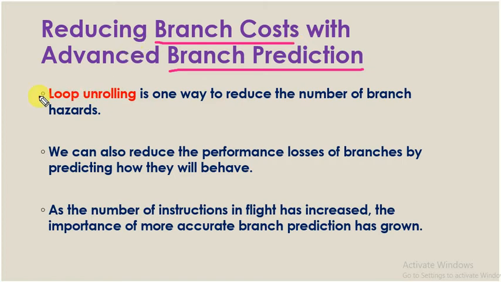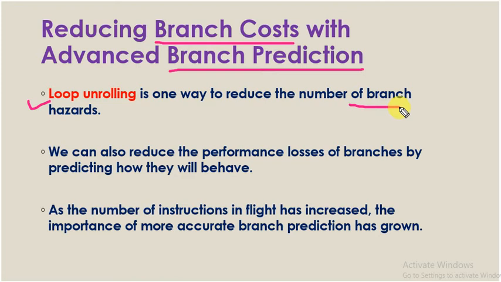As we have already mentioned, loop unrolling is one way to reduce the number of branch hazards. In our previous example you have seen that if we have 100 iterations, we can modify that by doing loop unrolling. Actually we are reducing the number of branches available.